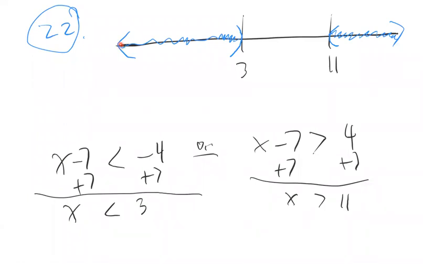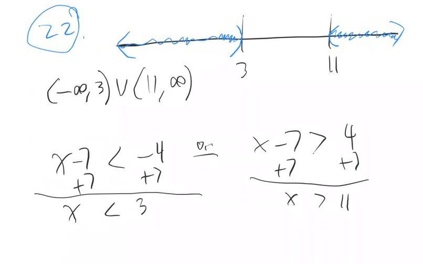So negative infinity all the way to 3, and it doesn't touch 3, so you'll put a parenthesis. Then you do a union, and then the other half is from 11 all the way to positive infinity. So you're going to do parenthesis 11 because it doesn't touch 11, so that's why you do a parenthesis instead of a bracket. Then it goes all the way to infinity.